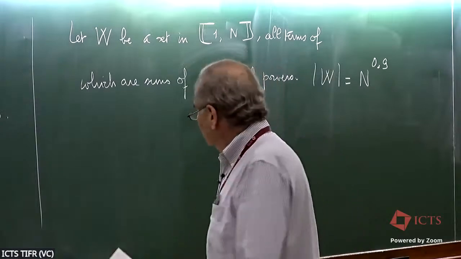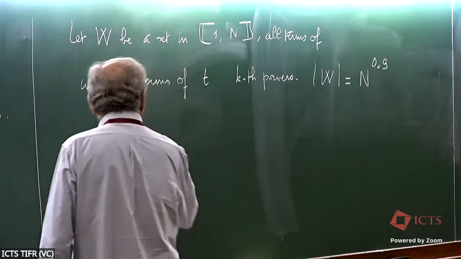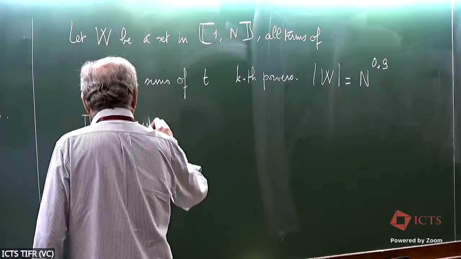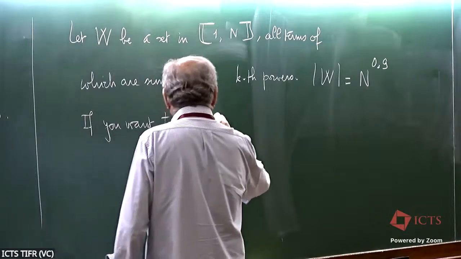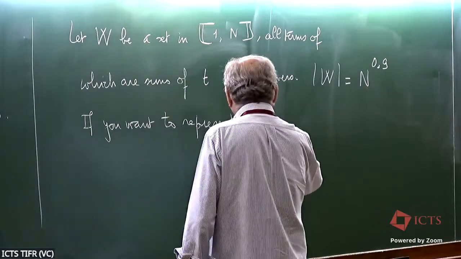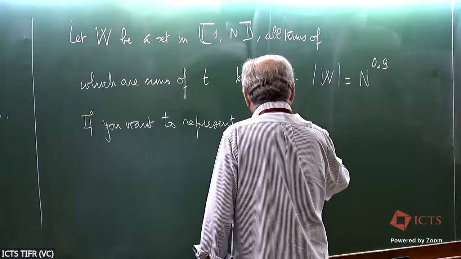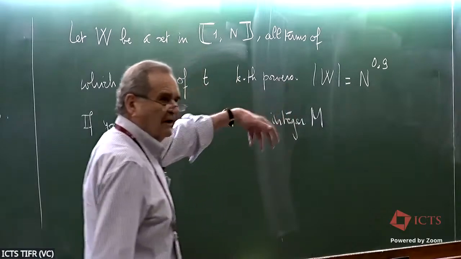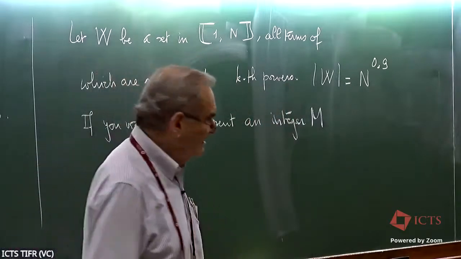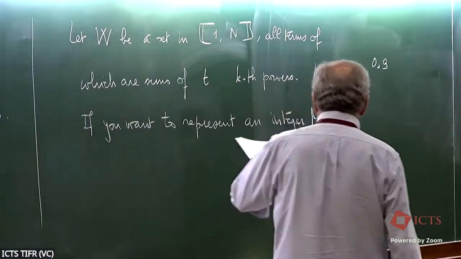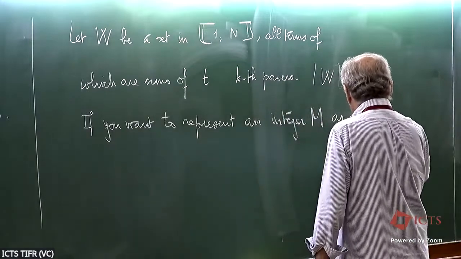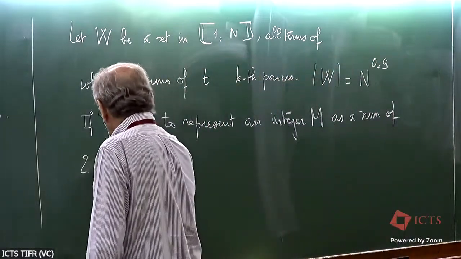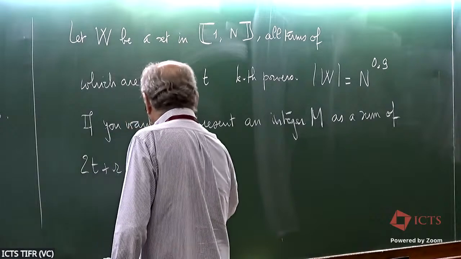Now, what is interesting is that if you want to represent an integer, we call it capital M, let us say of the size of n, or less than n, then what you can do is to represent an integer m as a sum of 2t plus r kth powers.